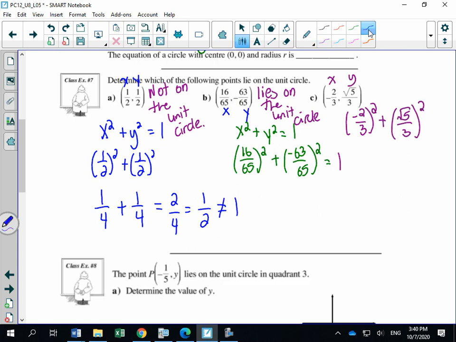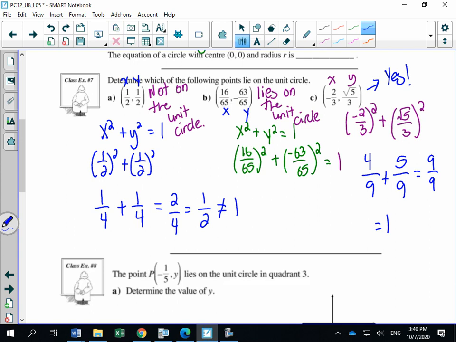When you take negative 2 and square it, you get 4 over 9, plus root 5 squared is simply 5. You can double check that on your calculator, but the answer is 5 over 9. This gives me 9 over 9, which is equal to 1. Because I get an answer of 1, that point lies on the unit circle. So yes, that point is on the unit circle.